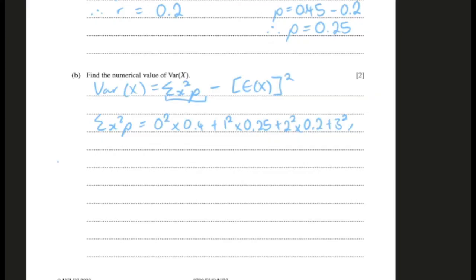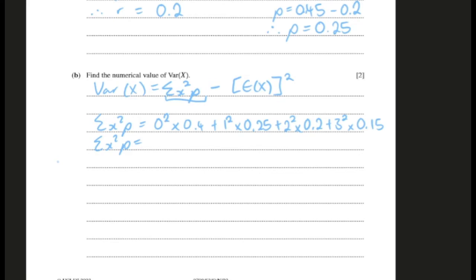Let's punch that into our calculator. So that's 1 squared times 0.25 plus 2 squared times 0.2 plus 3 squared times 0.15, which gives us 2.4. So the summation of x squared p is 2.4. We can go back to our formula for variance.